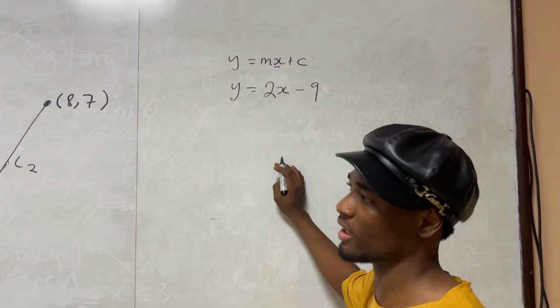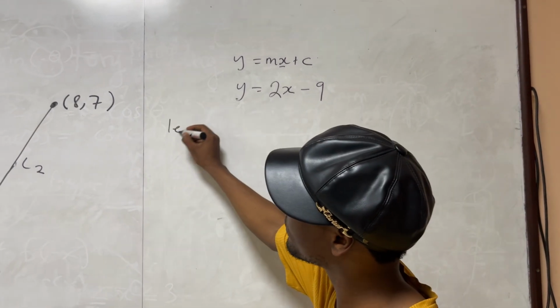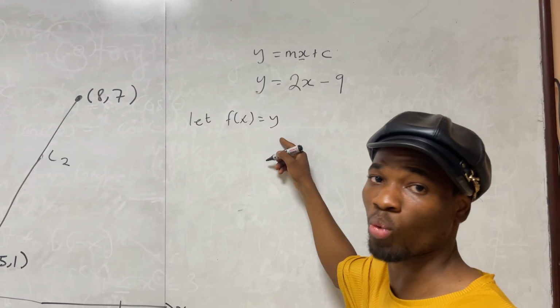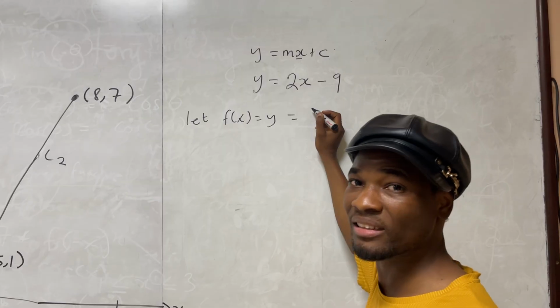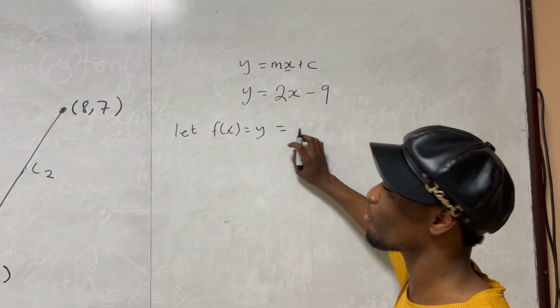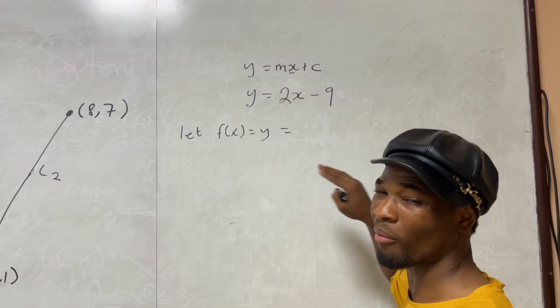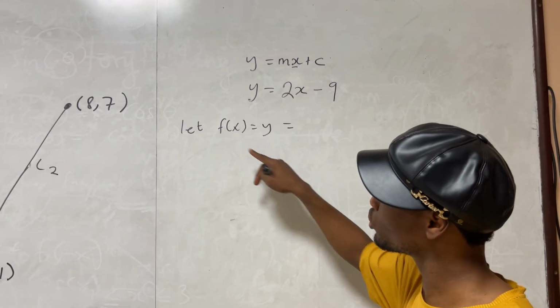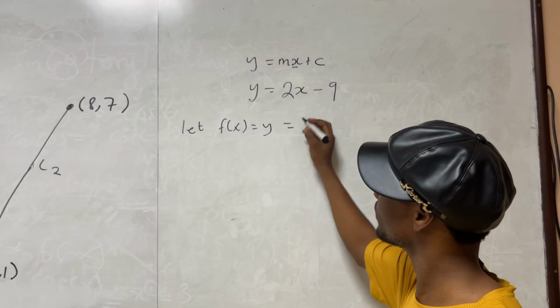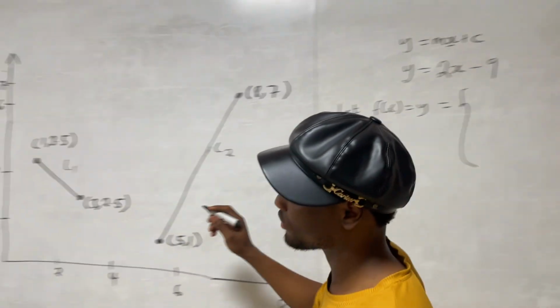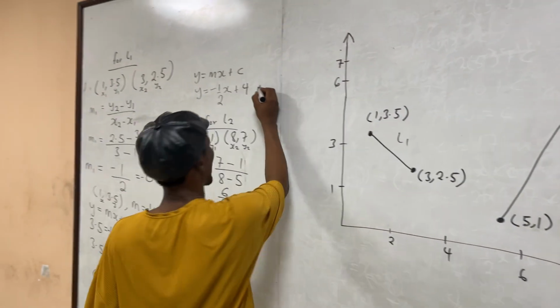As simple as that. Now, so we say let the function f of x be equal to y. We want to write the overall formula for the function. In other words, we want to write the formula for the piecewise function. So let the piecewise function be this. So what do we have? Viewers, this is one function.